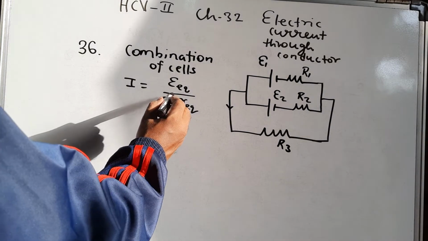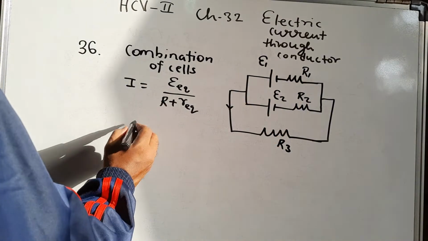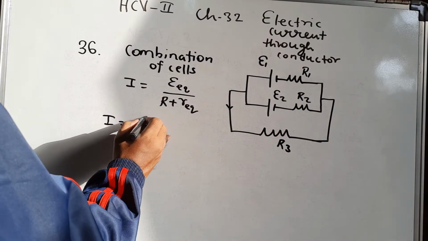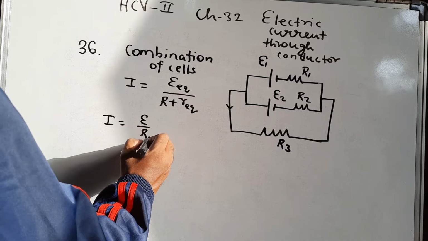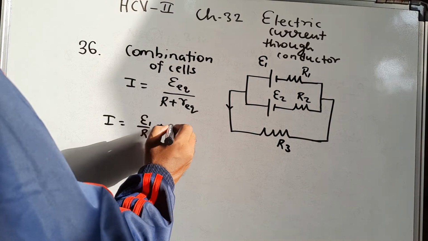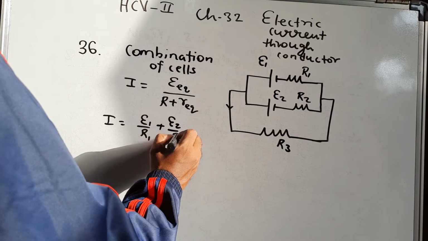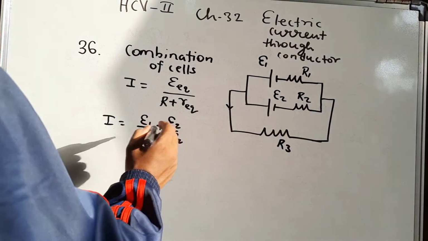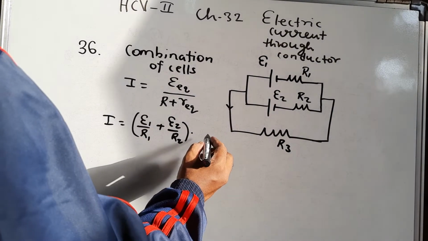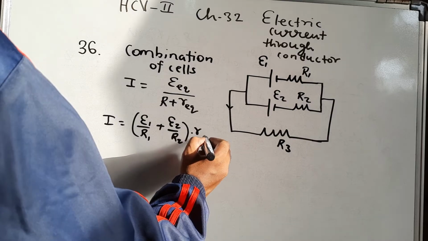Now equivalent EMF for this parallel combination is given by E1 upon R1 plus E2 upon R2, into REQ.